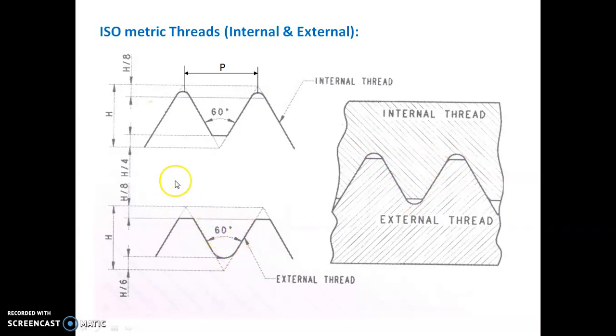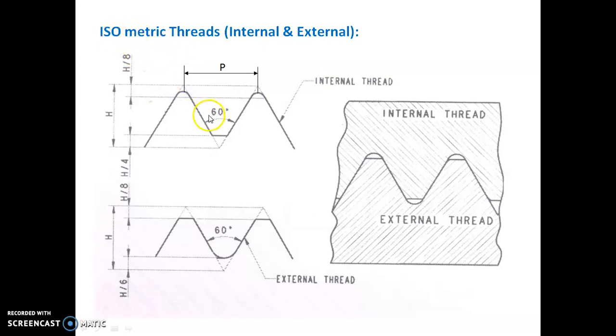of the threads. For the internal isometric thread, we have the offset of H/8 and H/4 here. H would be the height or depth of the thread. You will be given the value of P, and this angle 60 is fixed, the standard for the isometric thread.